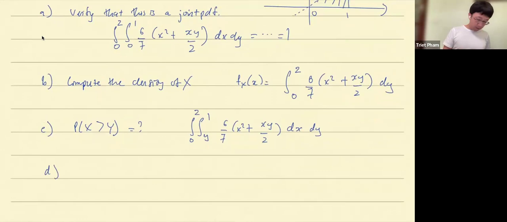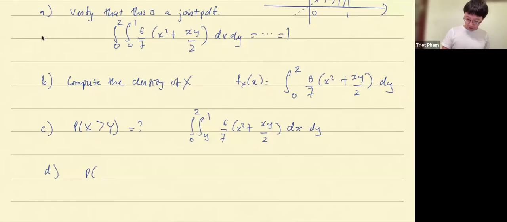D, find the probability of y bigger than 1/2, conditioned on x less than 1/2.